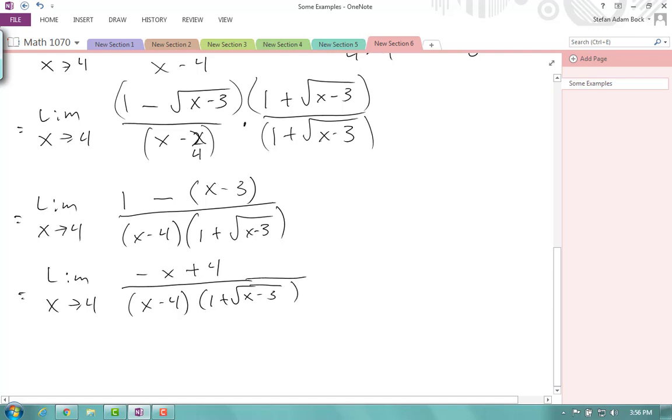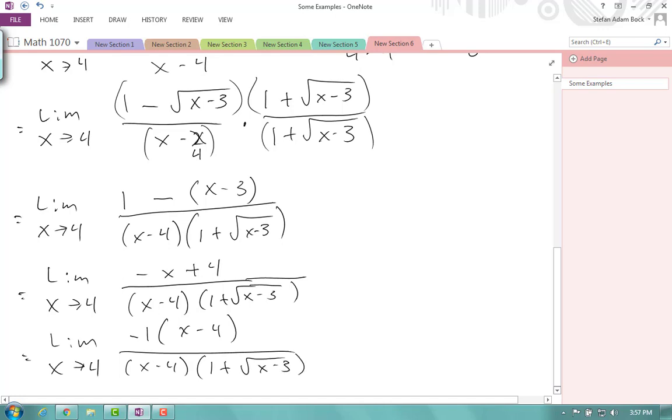I'd like to cancel this, but my signs are flipped, so I'll factor out an extra negative 1. Negative 1 times x minus 4 all over x minus 4 times 1 plus the square root of x minus 3. Close.